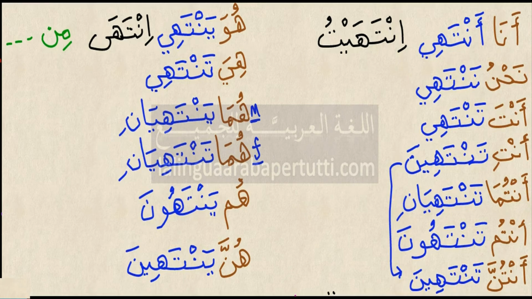When we have verbs that start with E in the past, usually we don't put any hamza. When you see sometimes hamza, it's a common mistake. Okay? انتهيت, like استخدم, استعمل, استمر. All these verbs, any verb in the past that starts with E, alif, usually it has kasra, not hamza with kasra.